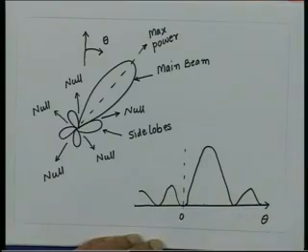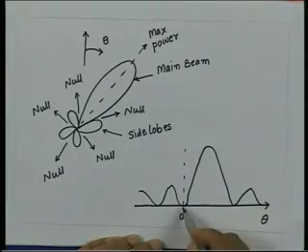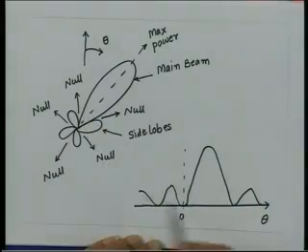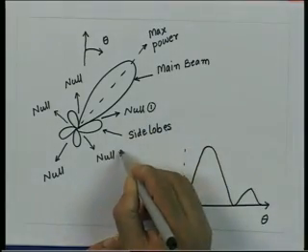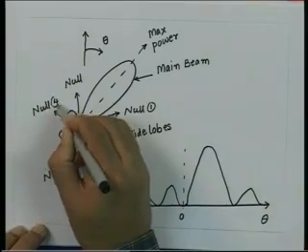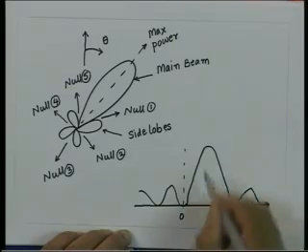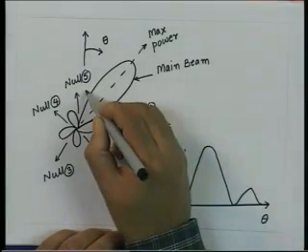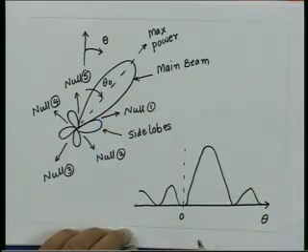And so on, where this corresponds to the main beam of your antenna, and these are the nulls. So, this is null 1, this is null 2, this is null 3, this is null 4, and this is null 5. This is the main beam, and let us say the angle of the direction of the main beam is denoted by theta naught.